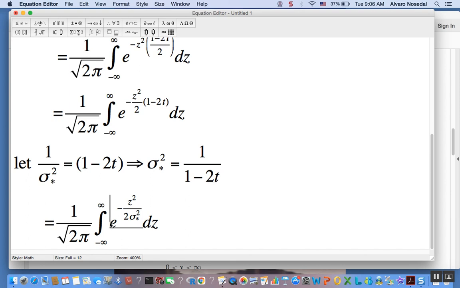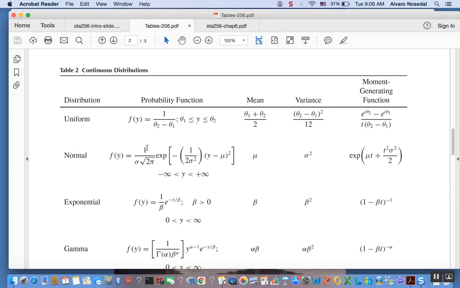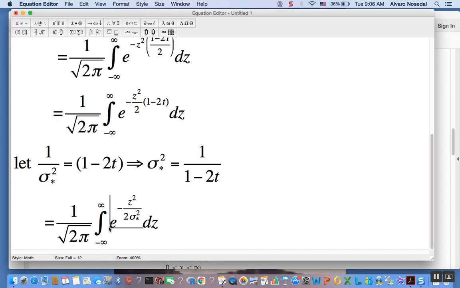Okay, so what we could do is just make this guy inside the integral a legit normal. How do we do that? Well, we just need this constant here, 1 over the square root of 2 pi times sigma, right? Okay, so that's exactly what we're going to be doing here. Let's include that constant, 1 over square root of 2 pi times our sigma star, right?